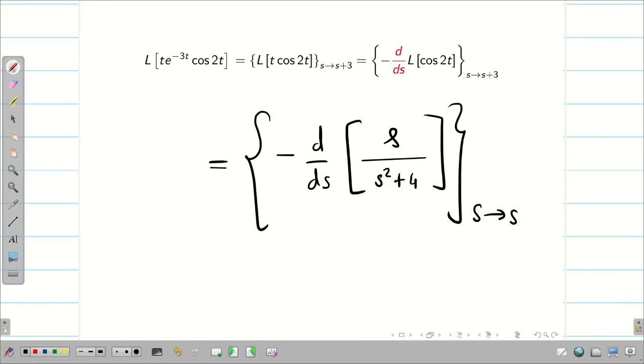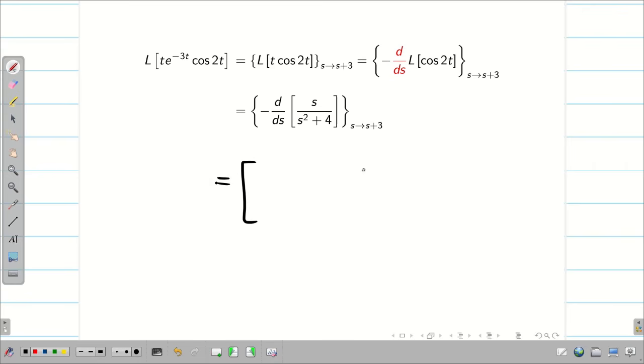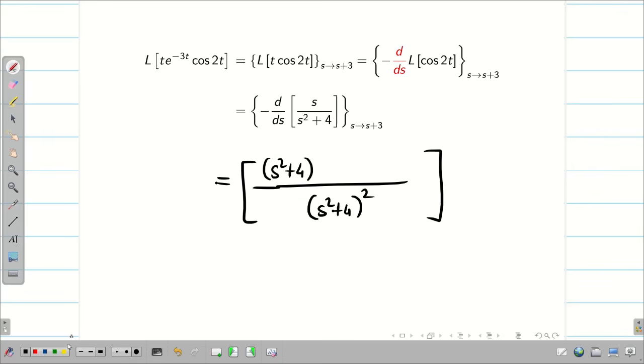Finally s should be replaced by s plus 3. Now differentiating using the u by v rule, denominator v square, that is s square plus 4 whole square, in the numerator v du: s square plus 4, and differentiation of s is going to be 1, minus now u dv. I'll keep s. Differentiation of s square plus 4 is 2s. Finally we have to replace s by s plus 3 and we have a minus outside.